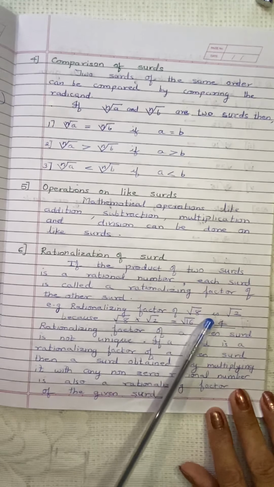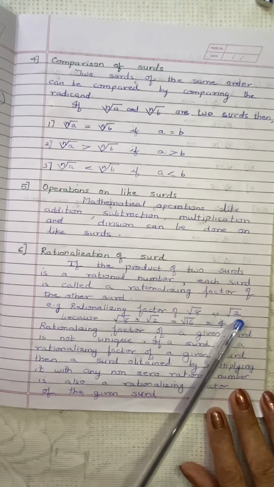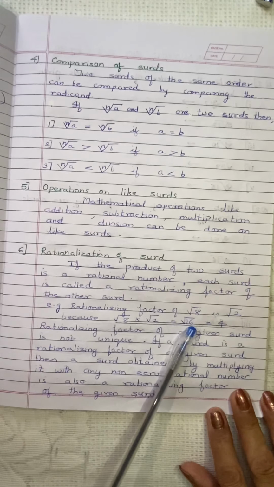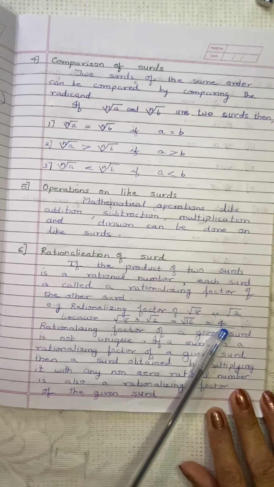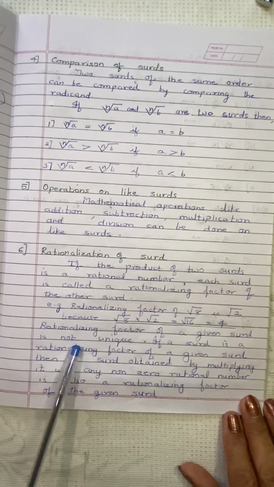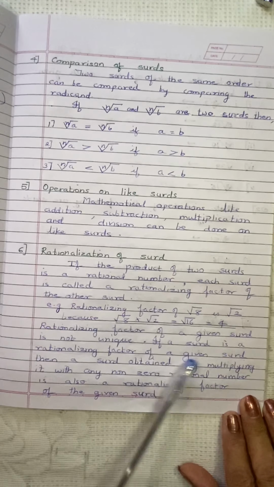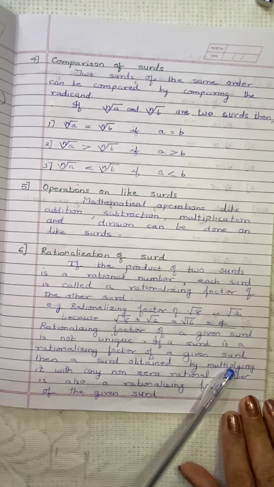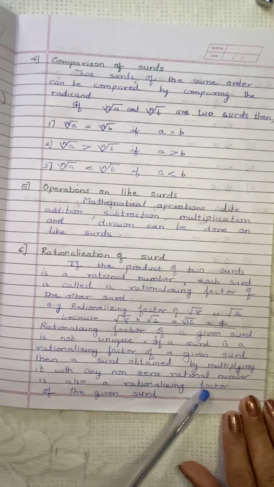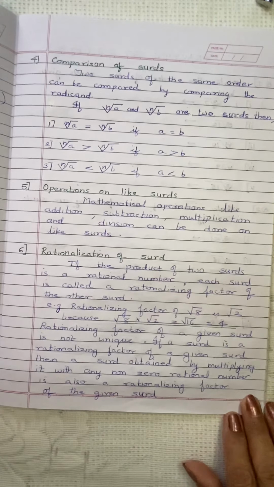The rationalizing factor of root 8 is root 2, because root 8 into root 2 is equal to root 16, which gives us a perfect answer, that is 4. A rationalizing factor of a given surd is not unique. If a surd is a rationalizing factor of a given surd, then a surd obtained by multiplying it with any non-zero rational number is also a rationalizing factor of the given surd.